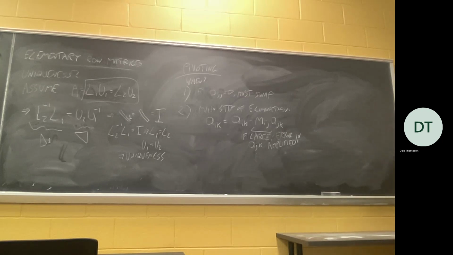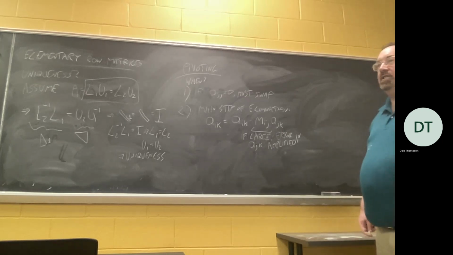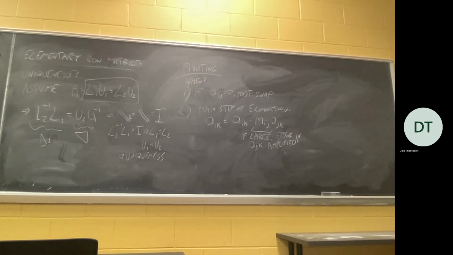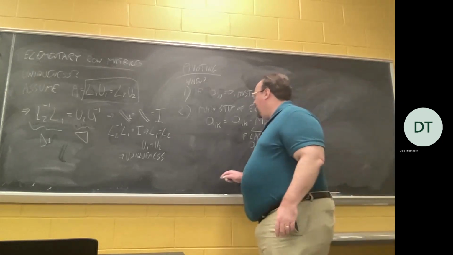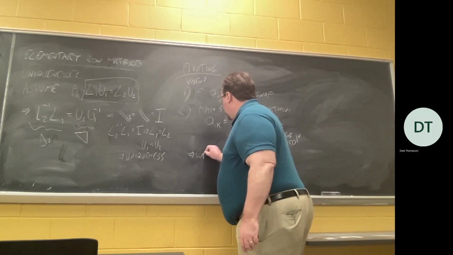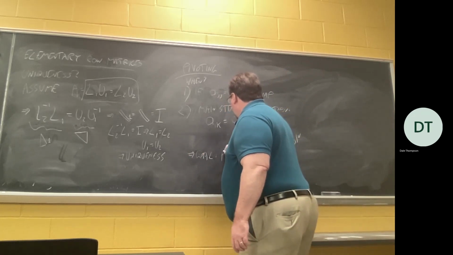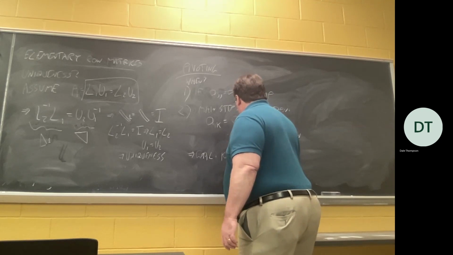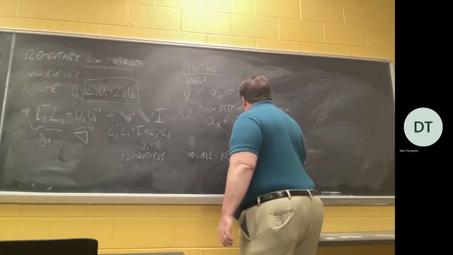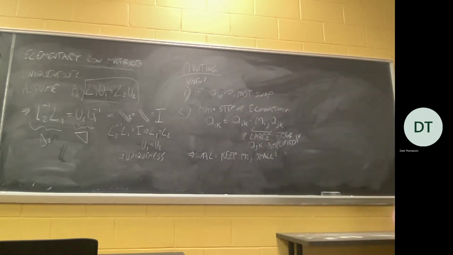So the error just keeps getting worse as you go through your columns from left to right. So our goal is we want the multipliers as small as possible.